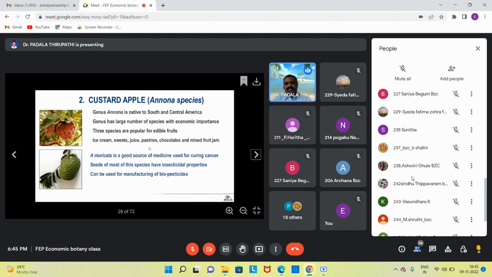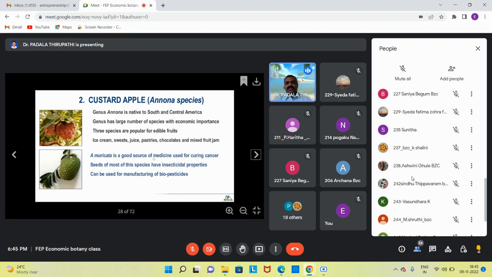This genus has a large number of species with economic importance, and in India, 3 species are popular for edible fruits. Also custard apple is used in ice cream, sweets, juice, pastries and chocolates and mixed fruit jams also.